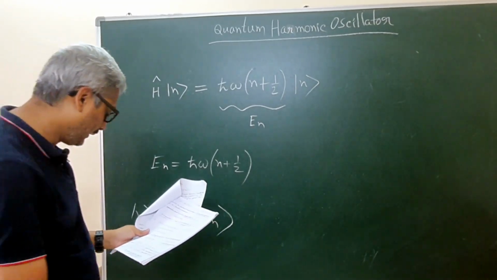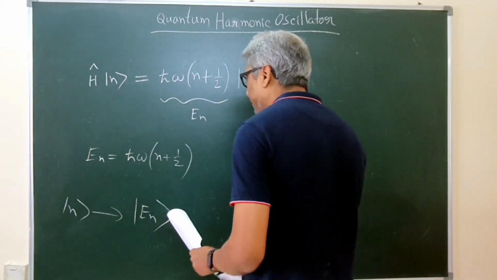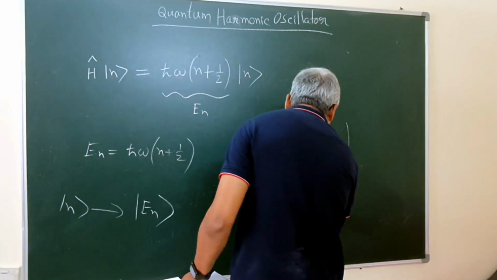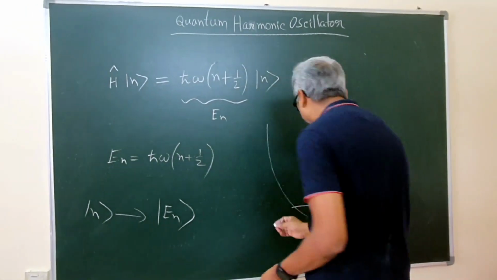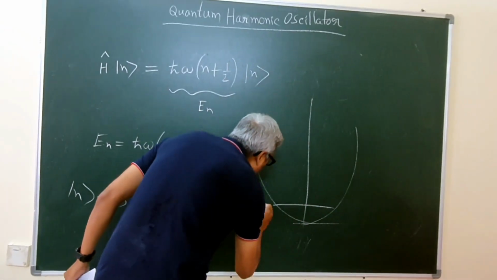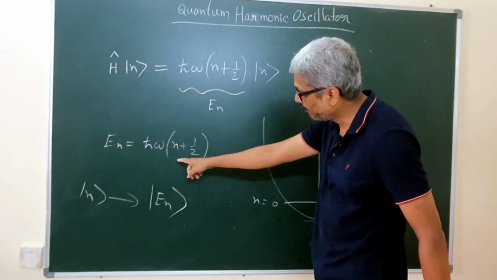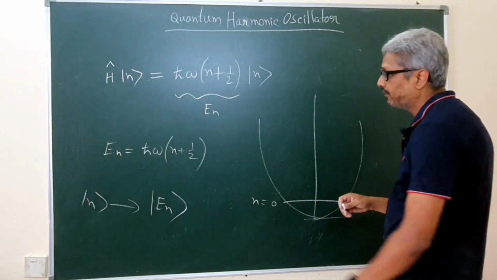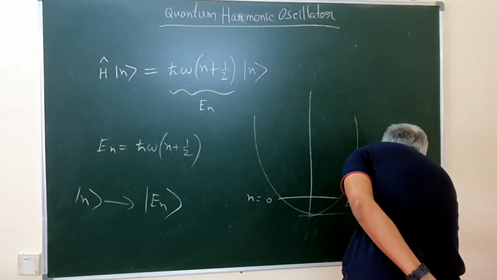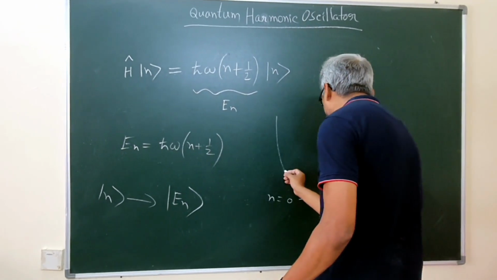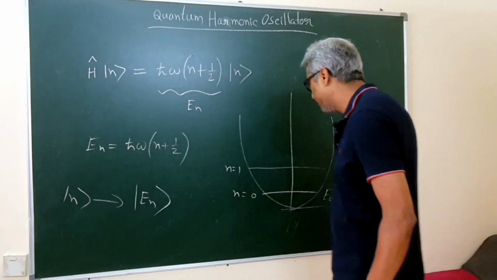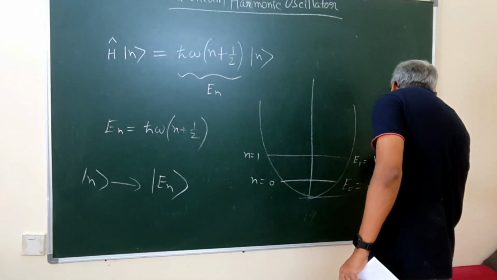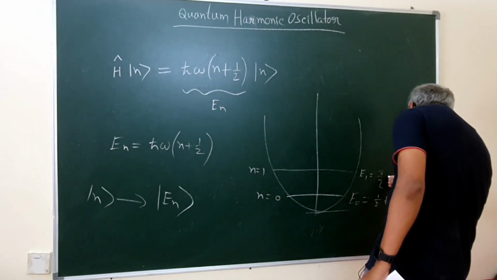So basically we have various energy levels for the harmonic oscillator, the energy eigenstates which I told you already. For example, for n equal to 0, this is the ground state, and the ground state energy E0 is equal to half ħω. The next energy eigenstate is given by n equal to 1, and the energy eigenvalue E1 will be (1 plus half) ħω, that is 3/2 ħω.